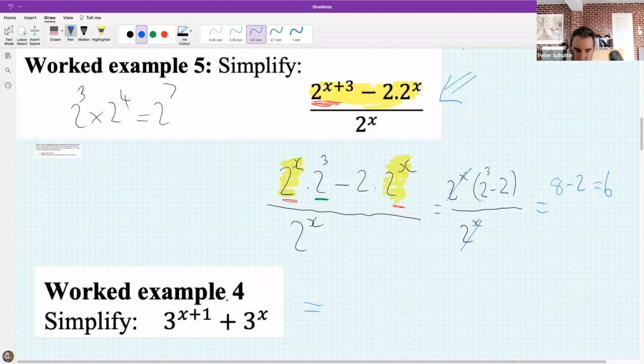I want to suggest that in the first question, our first step was to break down. Now, what would we want to break down? I think we want to break down this to that. And then we ask ourselves, of these two terms, what is the common factor?